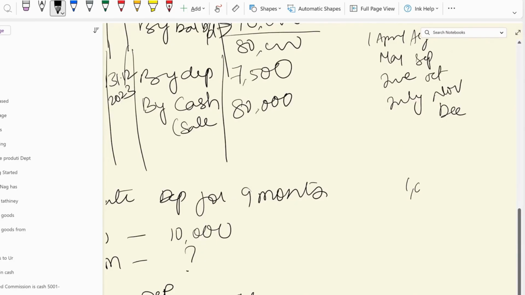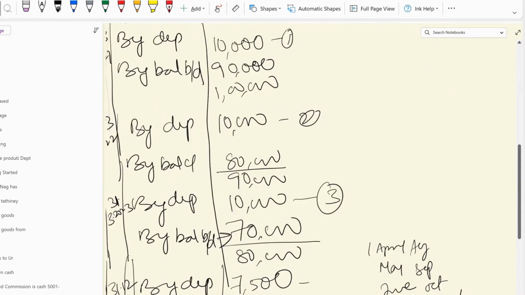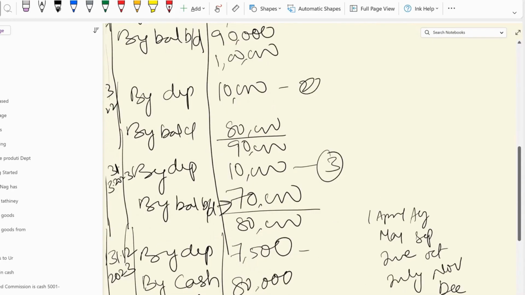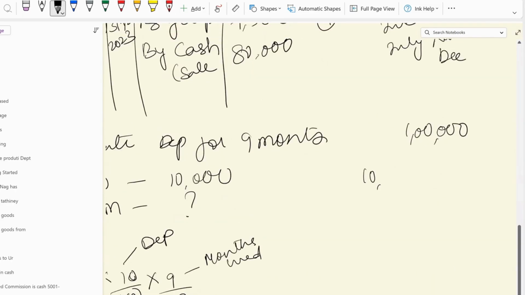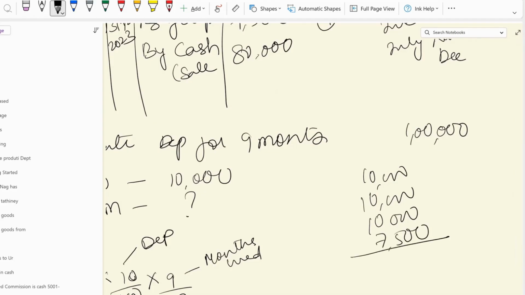1 lakh is the total amount. And how much depreciation did we charge? 1, 2, 3, and 4 depreciations. So 10,000, 10,000, 10,000, and the next one is 7,500. So total 37,500 is your depreciation.